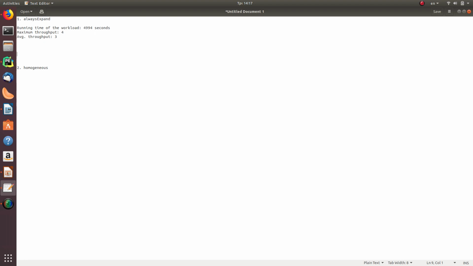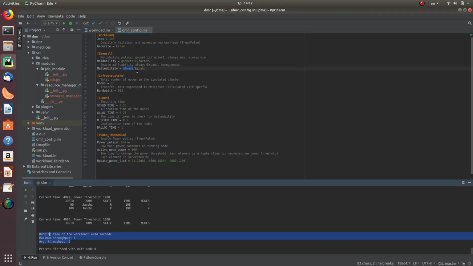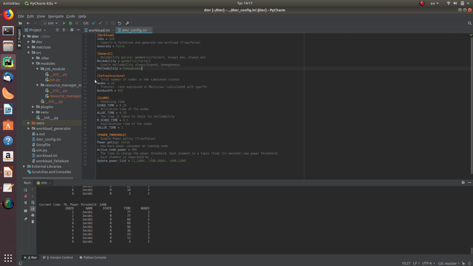Let's compare it with the second policy that our simulator supports. The second policy is called homogeneous, and it shares the resources among the applications homogeneously. Like if we have 16 resources and we have 8 applications, then each application will have 2 resources. So let's see.